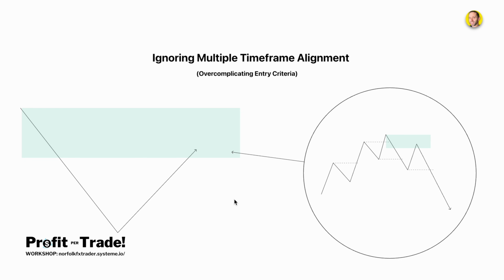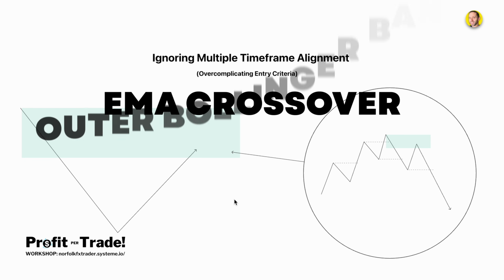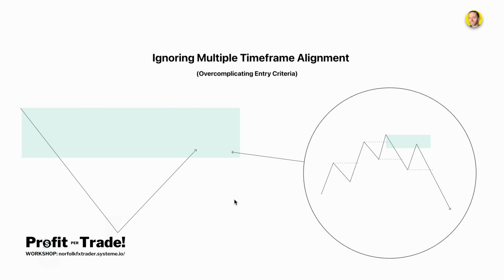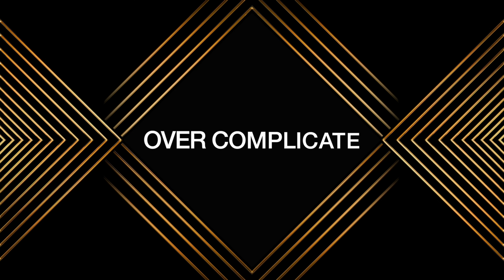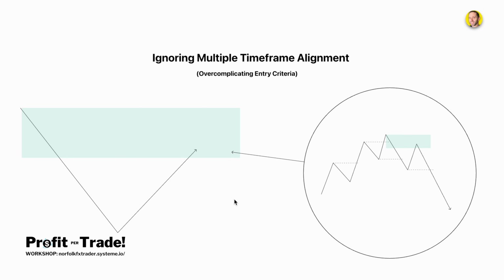But by overcomplicating it, I mean you're using something like 5 different indicators, like a crossover MA, a Bollinger Band outer band, the MACD to be in line. You could be looking at all different indicators to align at the same time before you decide to pull the trigger. And that is where you're going to overcomplicate your trading, by using this type of entry criteria.